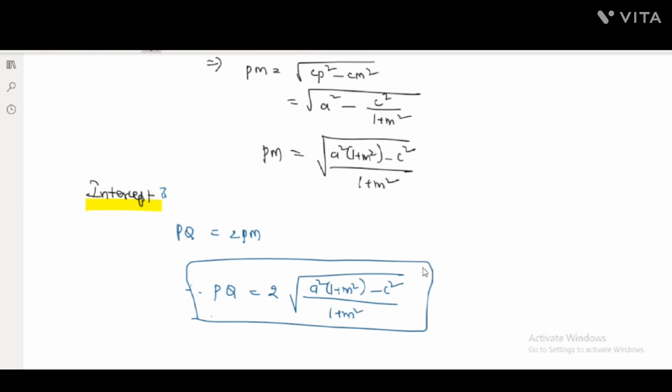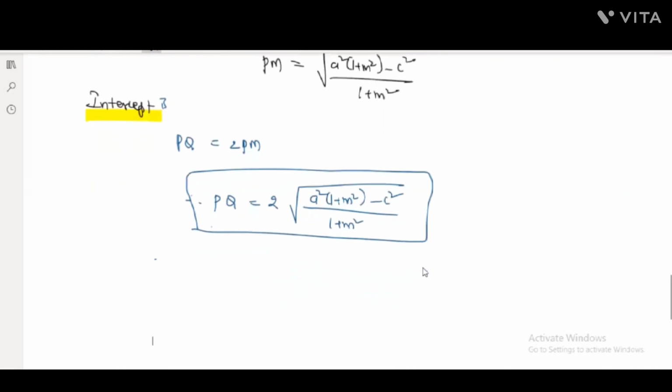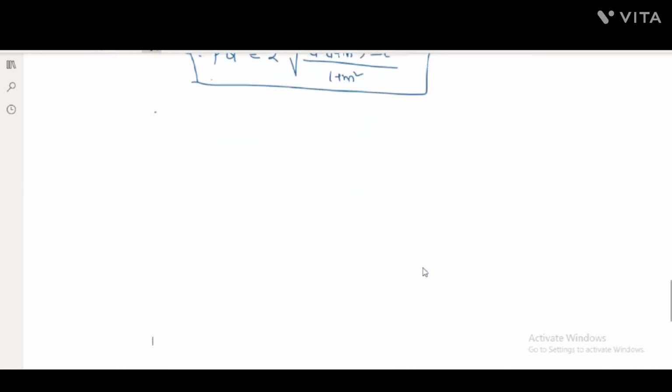Next, let's see examples based on this. So what are the examples we have here? Let's see the first example. Example number 1.